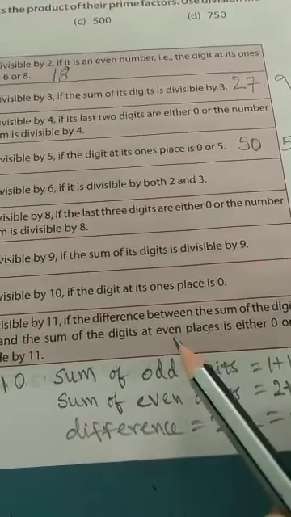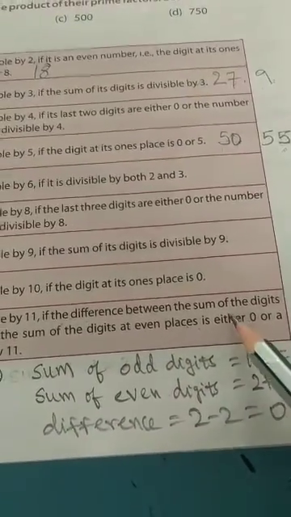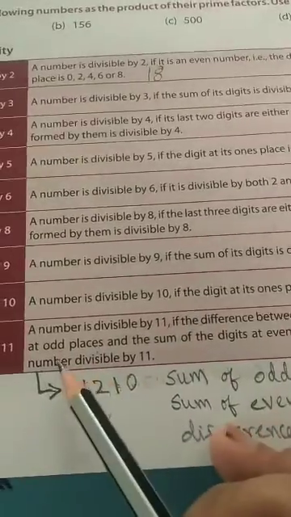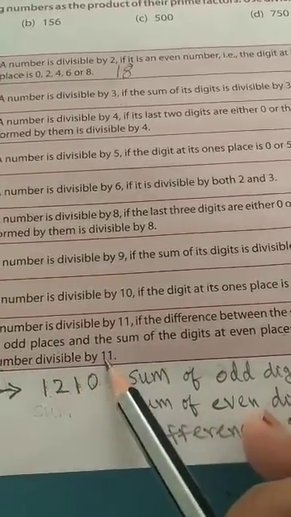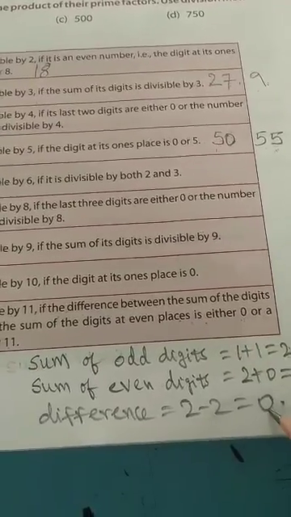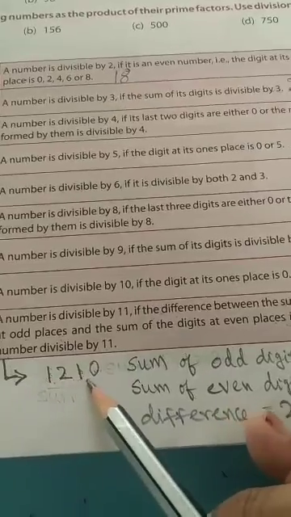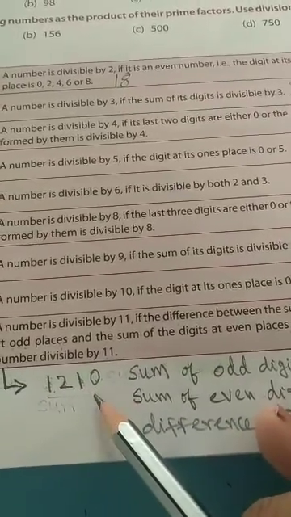So if the difference is 0, or divisible by 11, here we got 0. So if the difference is 0, then by seeing only you can tell this number is divisible by 11.